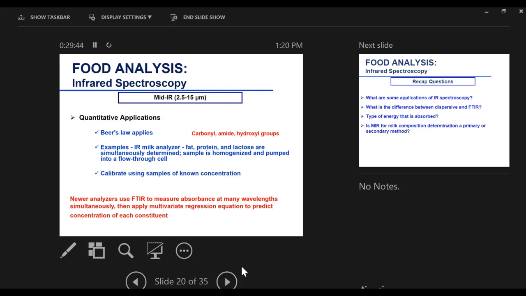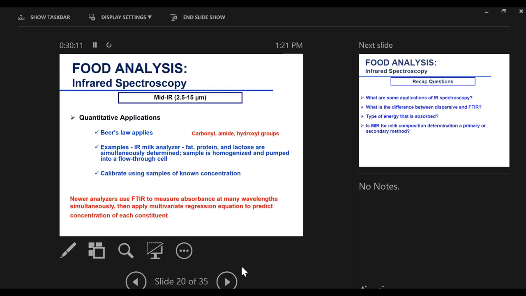So the newer mid-IR milk analyzers have FT-IR as their actual instrument. So they use the Fourier transform calculation to get you more accurate and faster results. And the way they do that, they take absorption at multiple wavelengths and they apply multivariate regression to get you the concentration.